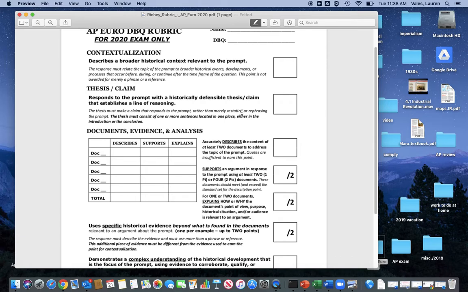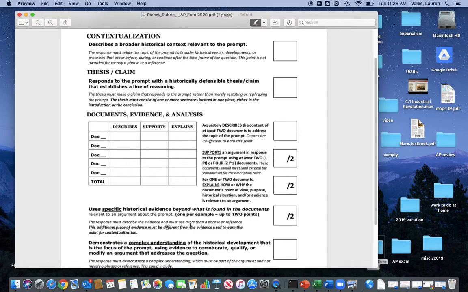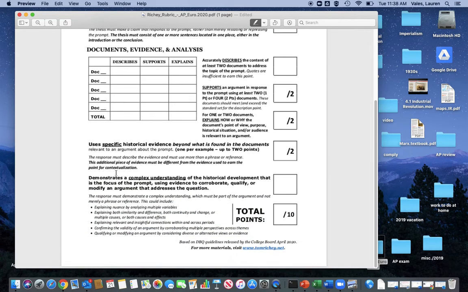And here you're going to describe the broader historical context. Now this is different than your historical evidence, so it can't be counted twice, but you can add that above your thesis once you've written your 2 body paragraphs after your thesis in the opening paragraph. You can add additional POV as your time allows. And if you're super awesome, you're going to hit down to this complex understanding point.